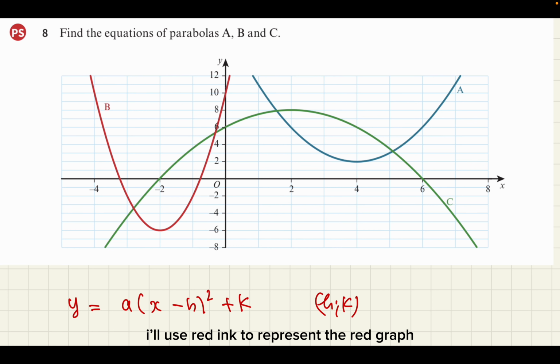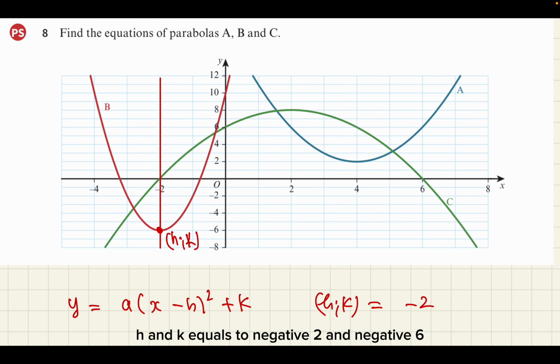I will use red ink to represent the red graph. In this case we can easily draw the line of symmetry over here, and this point is (h, k). So in this example, h and k equal -2 and -6.